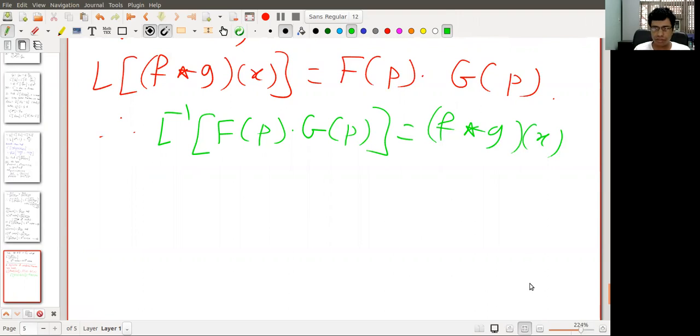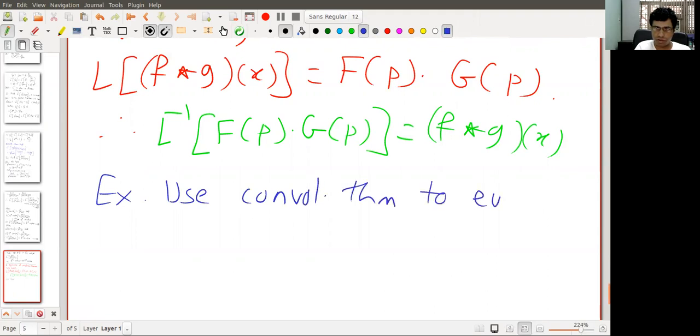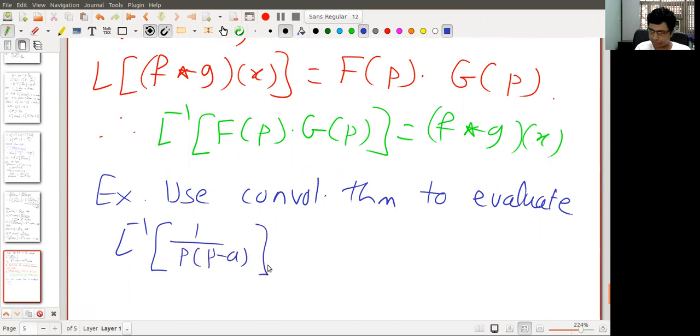Let us see an example. Use convolution theorem to evaluate inverse Laplace transform of 1 upon p into p minus a.